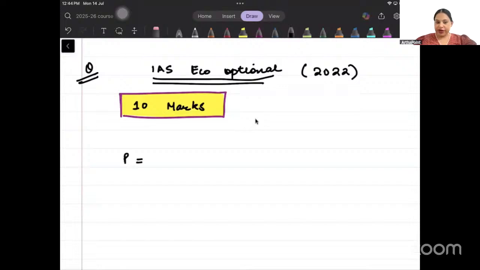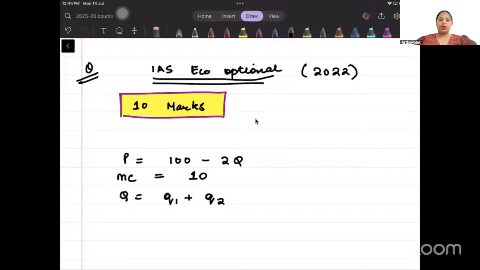try to practice all of them. So you're given price is equal to 100 minus 2Q. You're given marginal cost as 10 and Q as Q1 plus Q2, right?